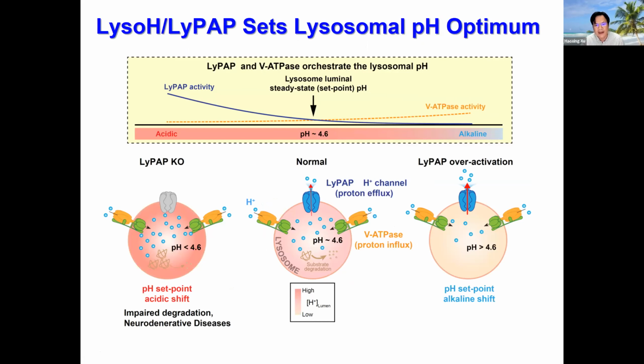So when the lysosome pH is too high, the V-ATPase will pump protons into the lysosome lumen, and when the lumen is over-acidified, lyso-H will presumably leak out the protons. So this is the classic negative feedback loop.